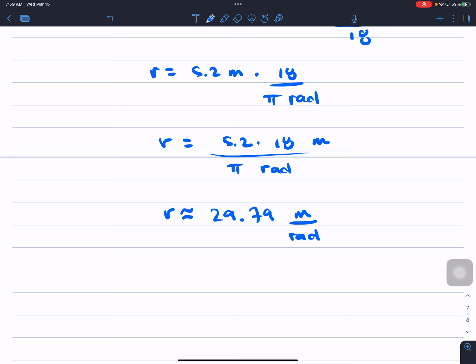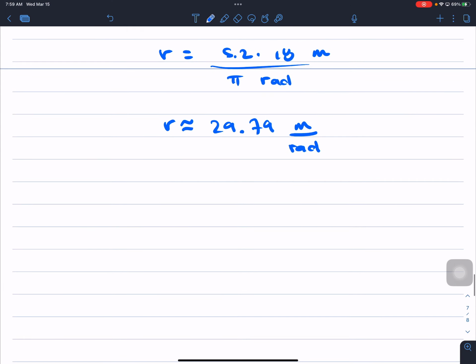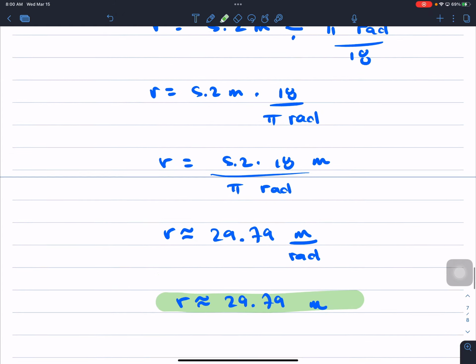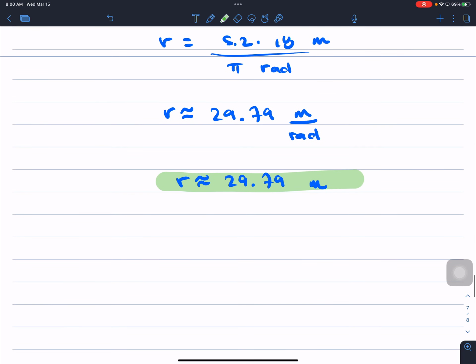But remember, what does that really mean again? What could you do with the word radian? You can ignore it. That's meters. So, ladies and gentlemen, even if we went out to the nearest whole number, that's going to be approximately 30 what? 30 meters, the nearest whole number.